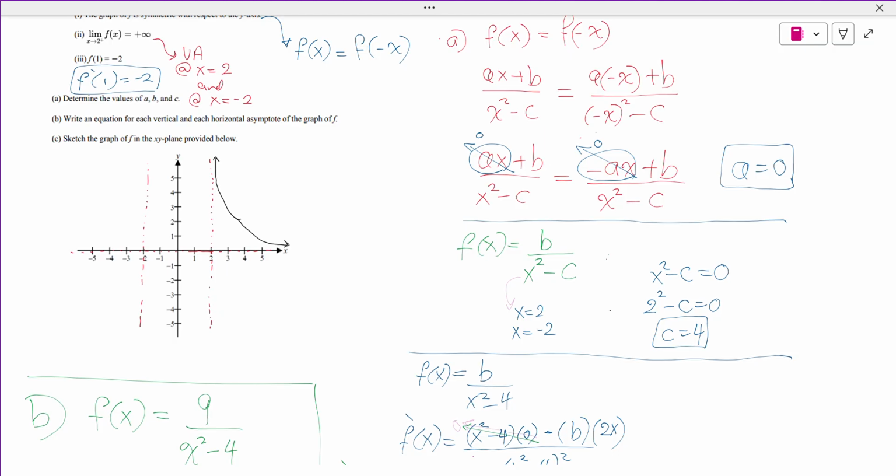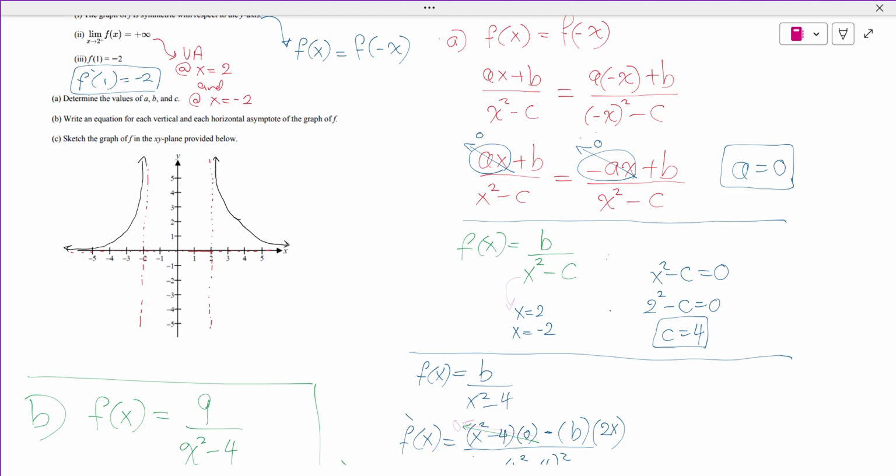And because the graph is symmetrical, we copy it to the left side. This is better. So these two are the two pieces.